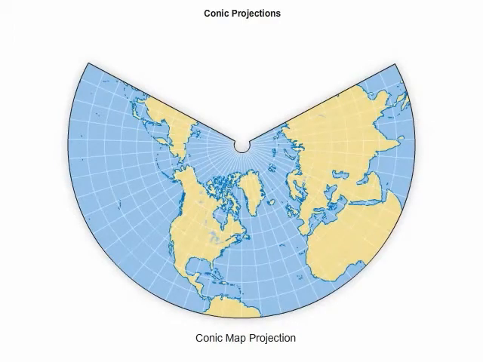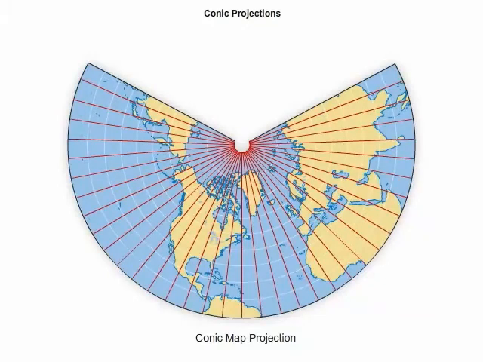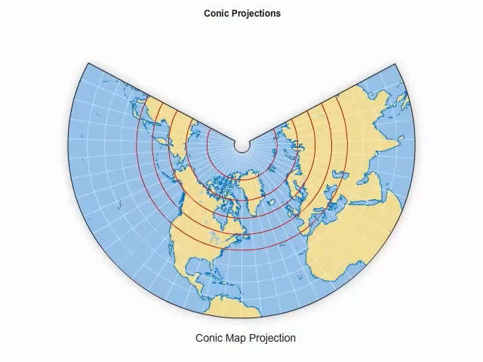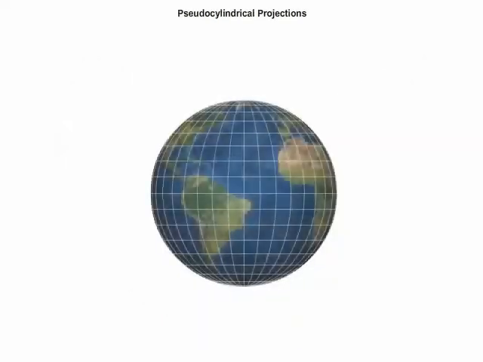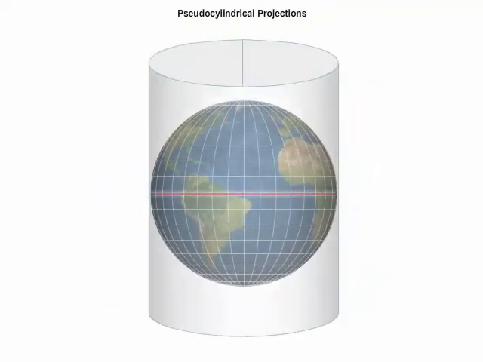On conic projections, meridians typically appear as straight lines that diverge away from the North or South Pole, as conic projections are almost always centered over the poles. Parallels appear as arcs.